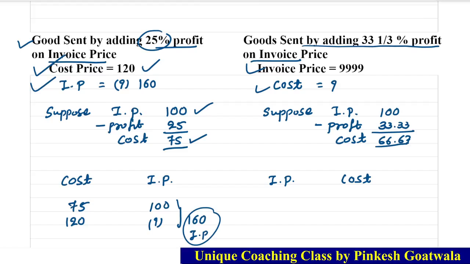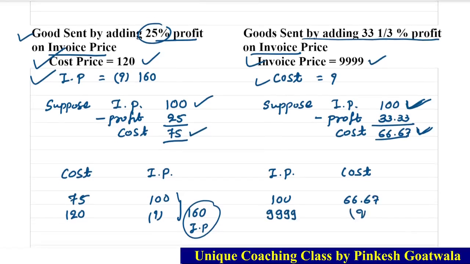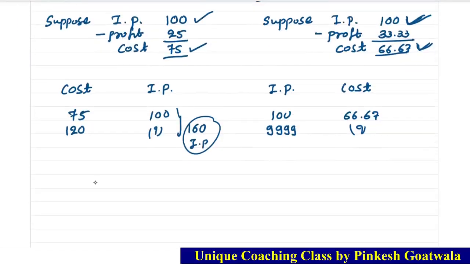Now from this suppose, how much invoice? In a suppose invoice is 100 and the cost is 66.67 and actual invoice is 999. Now how to solve this? So remember, on a calculator, whenever in this chapter you get 33 1/3%, it means 33.3333.